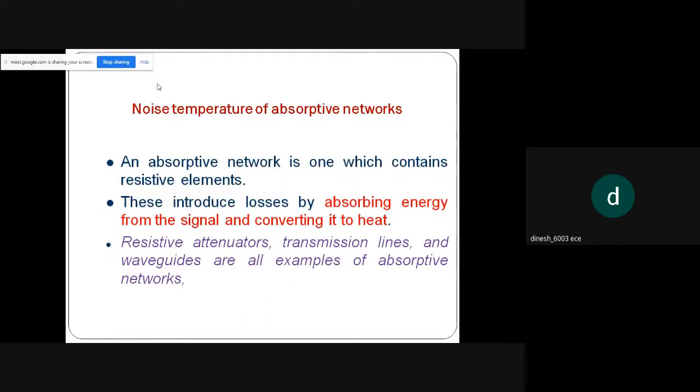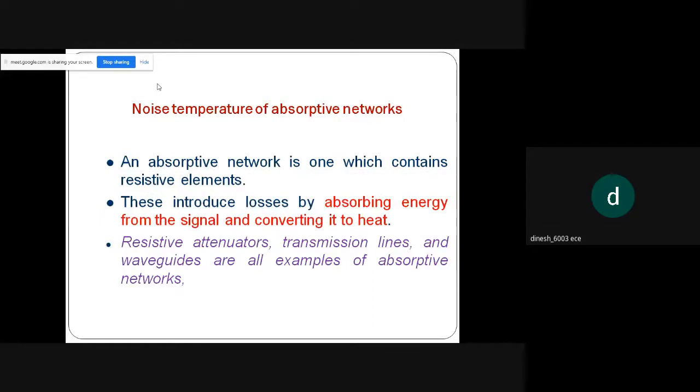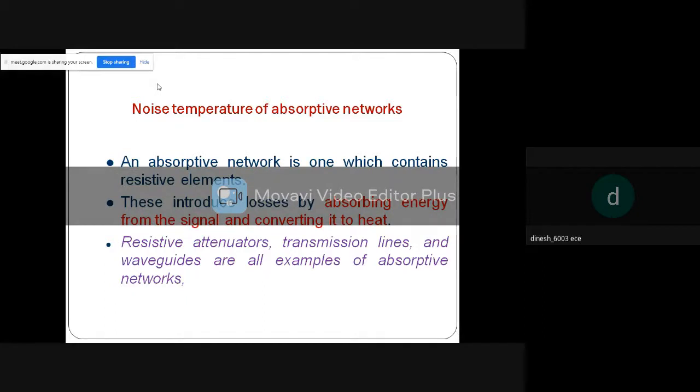Next is noise temperature of absorptive networks. An absorptive network is one which contains resistive elements that absorb energy from the signal and convert it to heat. So there is an additional noise temperature to be measured, which is observed due to the resistive element.